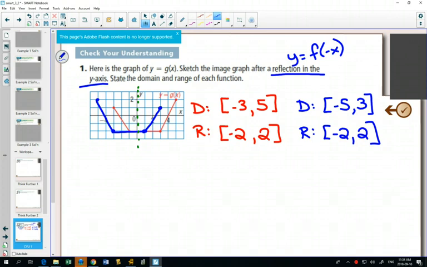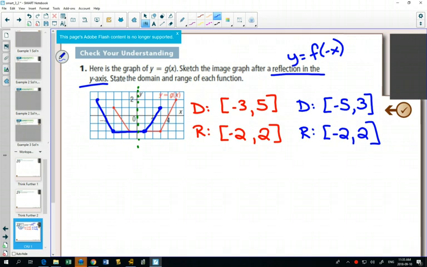Notice my range didn't change, because in my transformation, that negative is just with the x. My y values stay the same, so my range stays the same. Notice that my domain being from -3 to 5, if I multiply things by a -1, I get +3 and -5, and so things got flipped around that way.